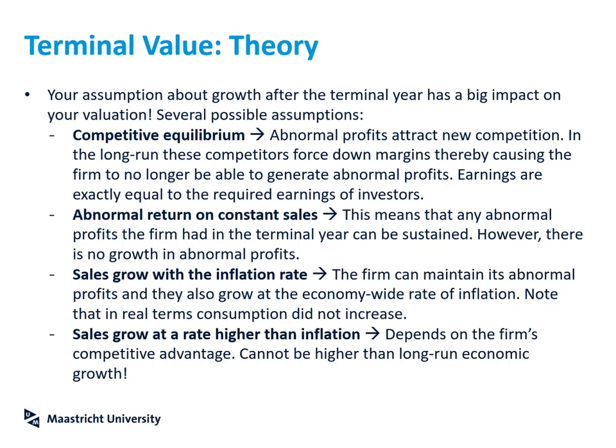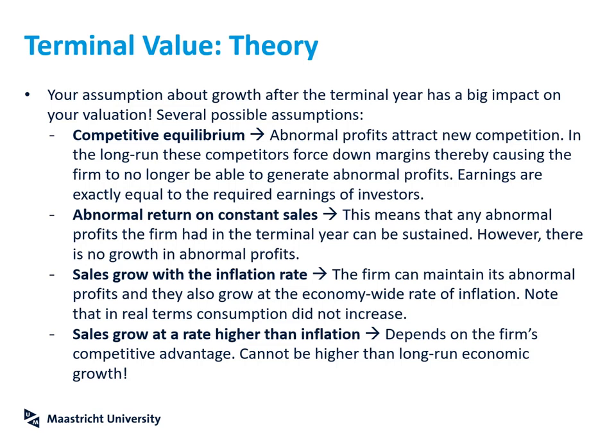And in the long run, these competitors are forcing down margins, and they make that after this terminal year, the firm is no longer able to generate abnormal profits. So basically, in this assumption, we say that in the terminal year or after the terminal year, there are no abnormal profits anymore.